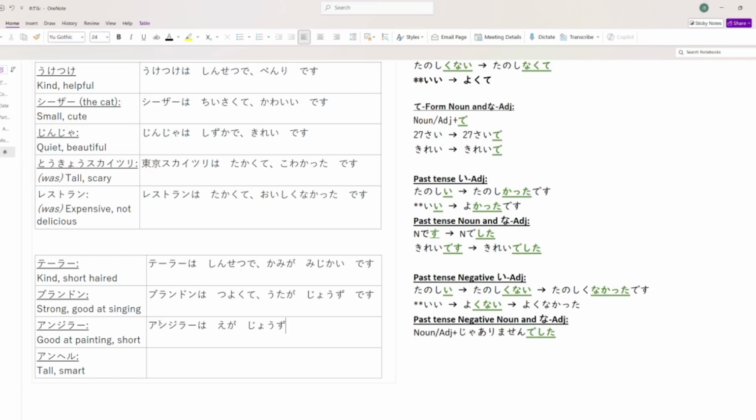If it doesn't end in i, it's a na adjective, right? Is that part of the flow? Yeah, that's pretty much it. There are some exceptions, but for the most part, if it ends in i, it's probably an i adjective. If it doesn't end in i, it's a na adjective. When it comes to adjectives, if it does not end in i, it is definitely a na adjective.